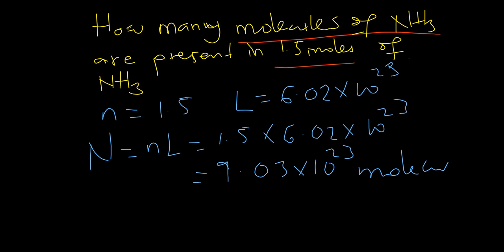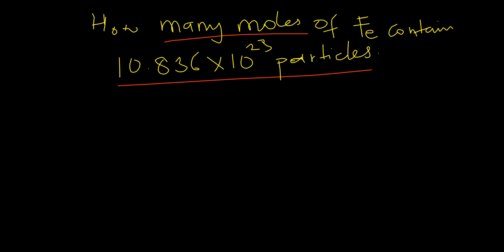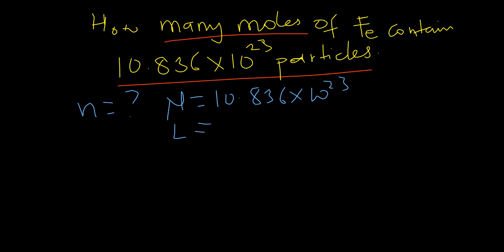Let's look at another example. In the next example, you have how many moles of ion contain this particle. Here you are being asked to calculate the number of moles, but you've been given the particles, which is N, to be 10.836 times 10 exponent 23. Avogadro's number we know is 6.02 times 10 exponent 23.